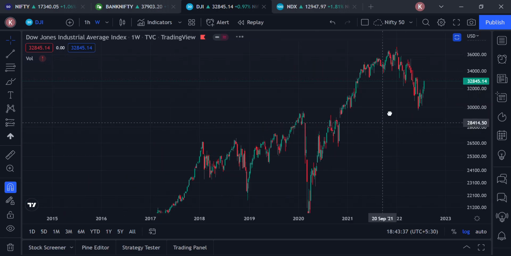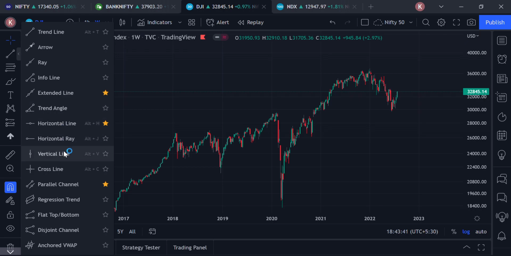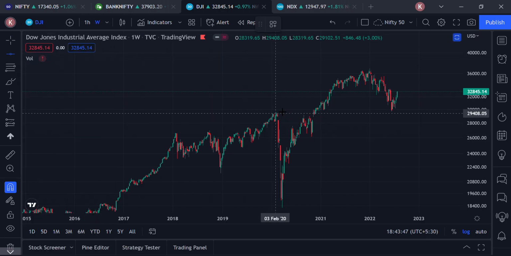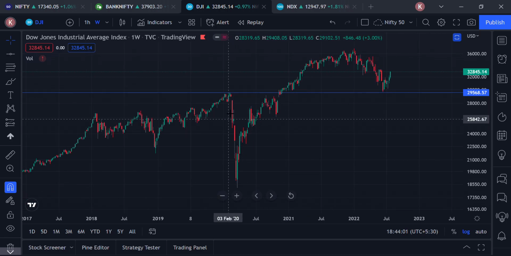Now, if you go on the weekly chart and draw a major supply or demand zone, this is a major demand zone, which was the previous high. One thing you must remember is that this zone is exactly the top of February or March 2020, just right before the COVID dip happened.